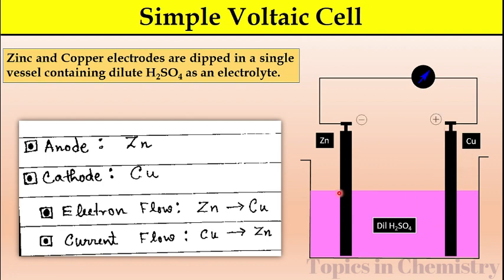You can see the cathode carries positive charge and the anode carries negative charge. So electron flow occurs from zinc to copper, and current flow occurs in the opposite direction, from copper to zinc. So this is the representation of a simple voltaic cell.